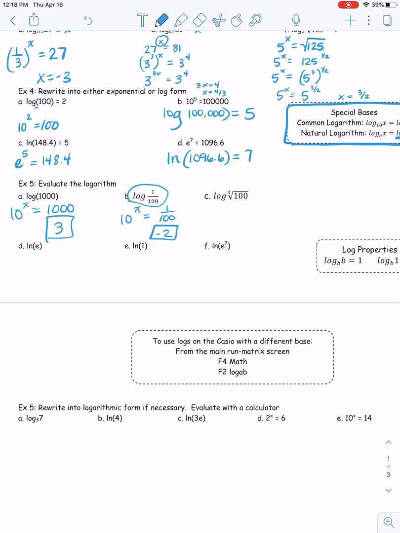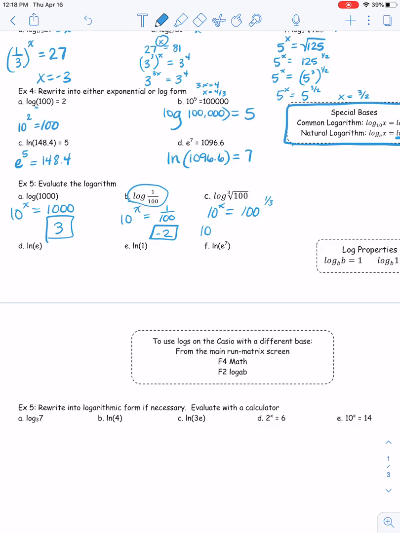And then for C, again, if we needed to rewrite that, that would be a base of 10 to the x power equals the cubic root of 100. Another way of writing that is 100 to the 1/3 power. This is one of those times where I would rewrite my base on the right-hand side. Another way of writing 100 is 10 squared.